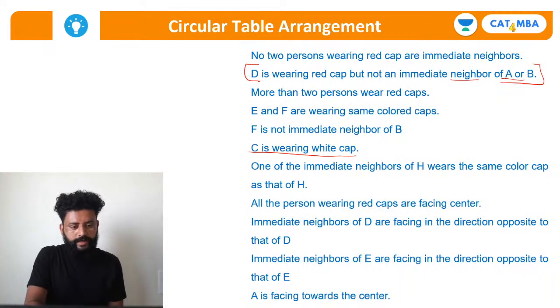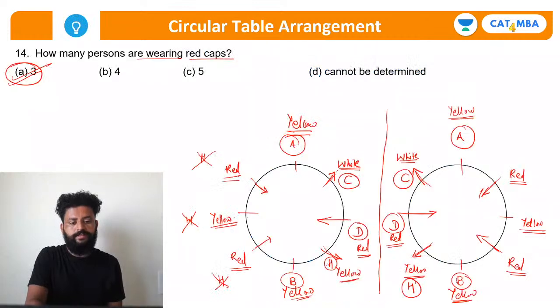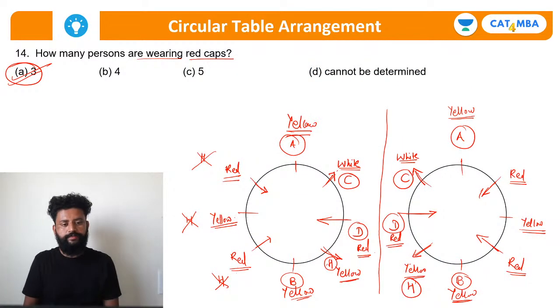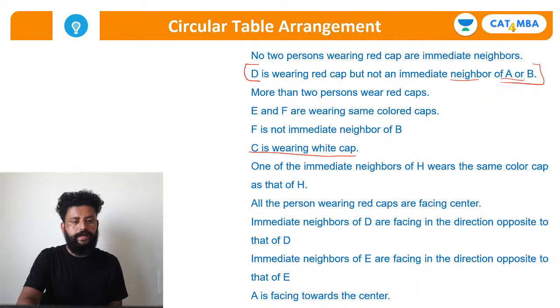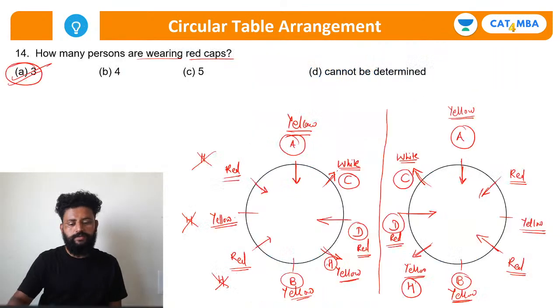Okay, E is facing towards the center, that's the last clue we have. We have E and F. E and F wearing the same color cap and possible.